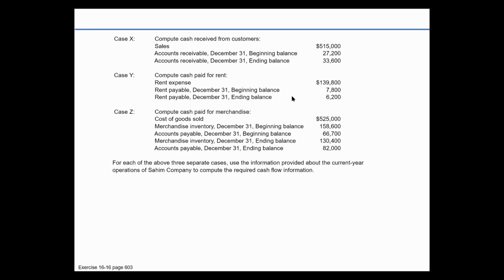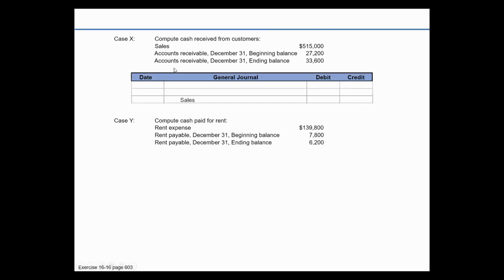Now we'll talk about using the direct method to do cash flow for operations. For each of the three separate cases, use the information provided about the current year operations of Shaheen Company to compute the required cash flow information. First we'll compute the cash that was received from customers. We had sales, and then we had the accounts receivable balances.